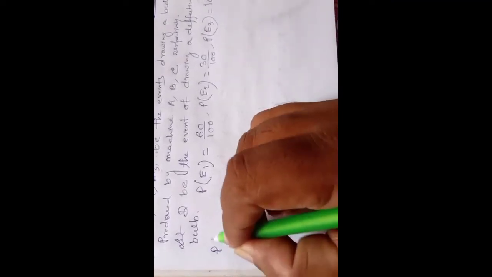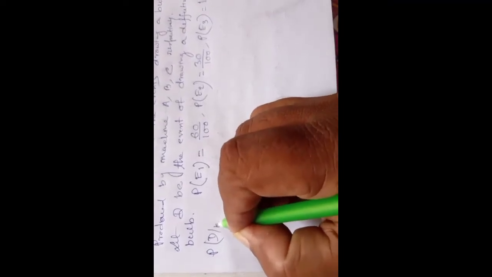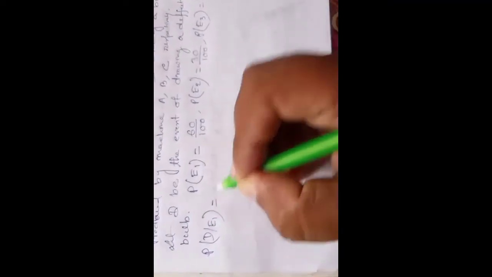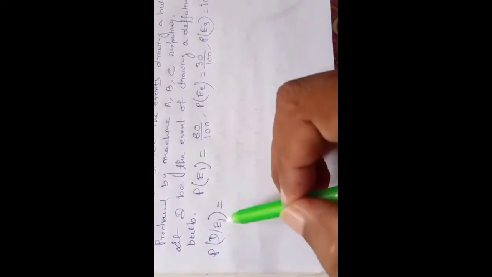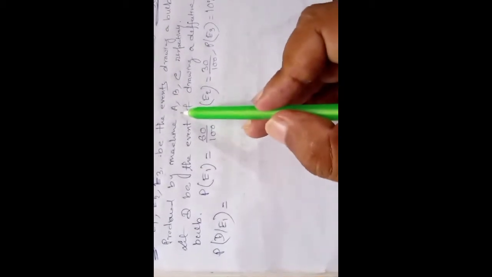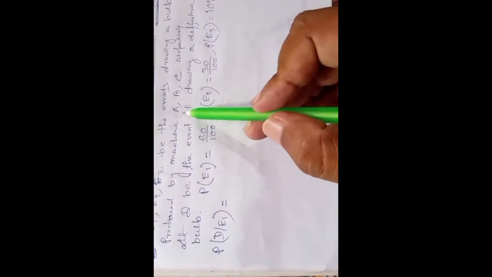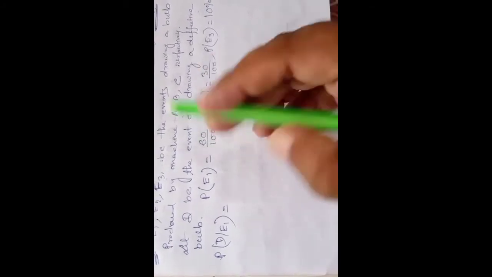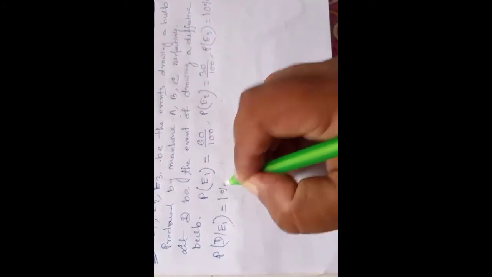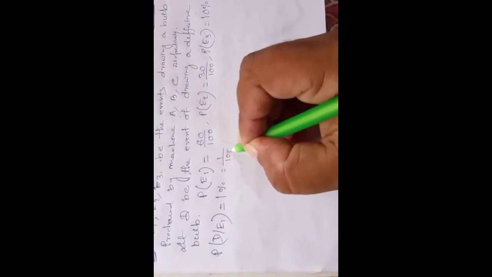Now P of D by E1, that is, the defective bulb comes from machine A, is given as 1%, that means 1 by 100.